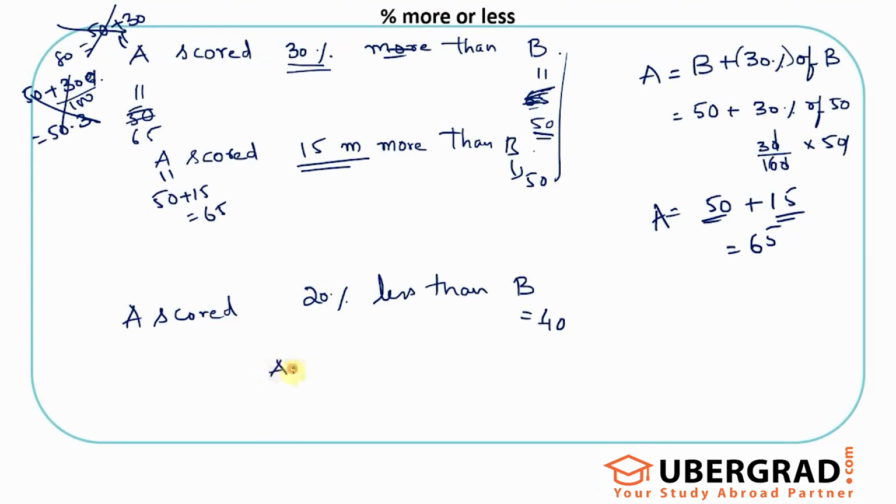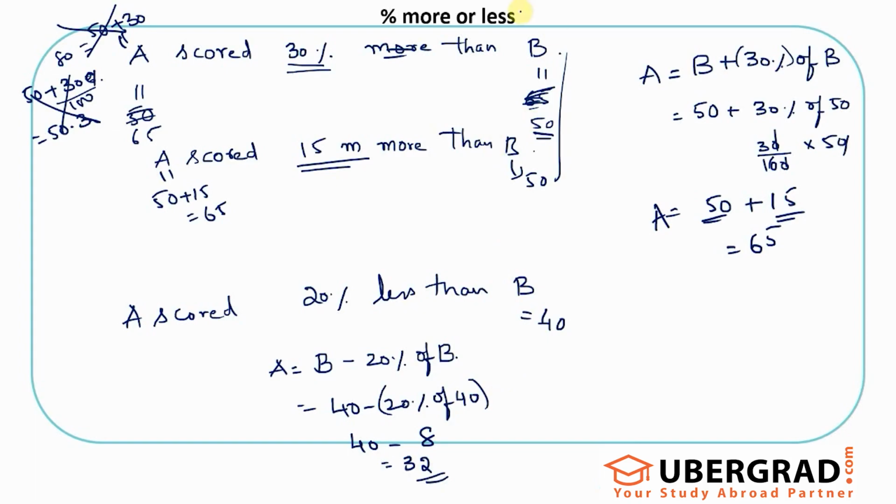So A is equal to whatever B scored minus 20% of B. It says A scored 20% less than B. So B is my reference point. So B minus 20% of B, that is 40 minus 20% of 40. 20% of 40 is 8. Same 20 by 100 into 40, 40 minus 8 will be 32.